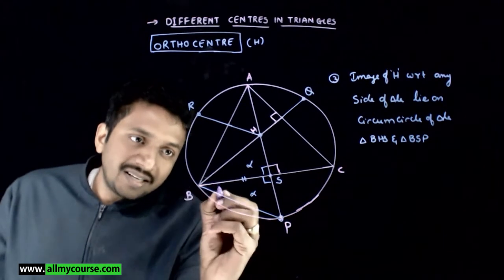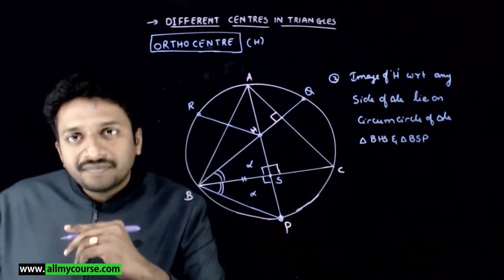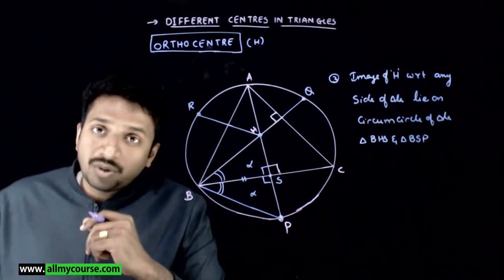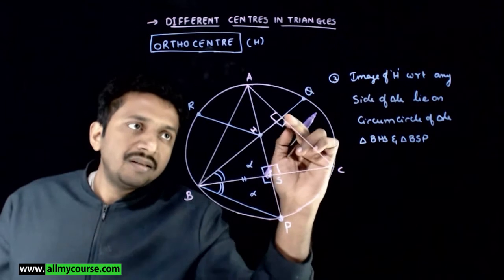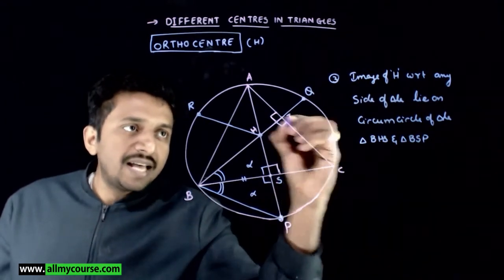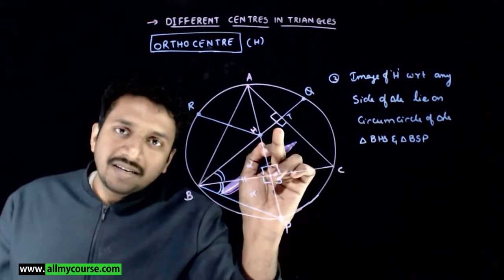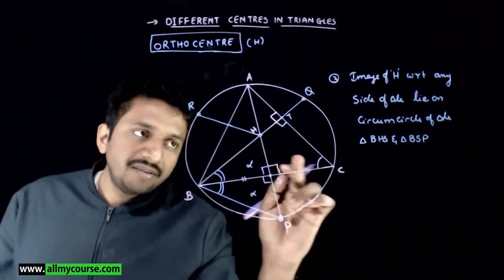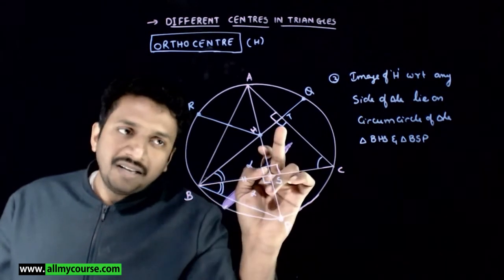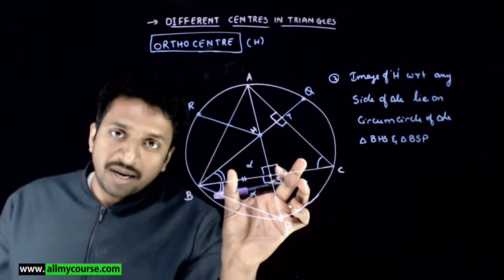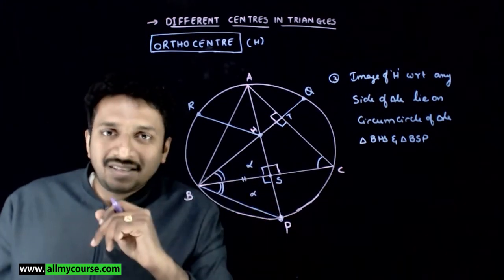Can I say that this angle is the same as this angle? Let us see whether these two are the same. First, if you take this triangle BTC, let us take this as T. In triangle BTC, one angle is 90 degrees, the other angle is C. So this angle will be 90 minus C, right? So these two combined have to be 90. So if this is C, this is 90 minus C.